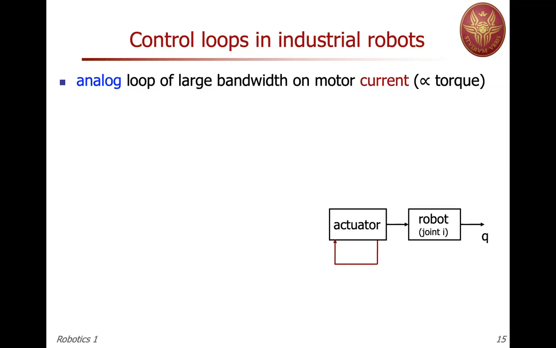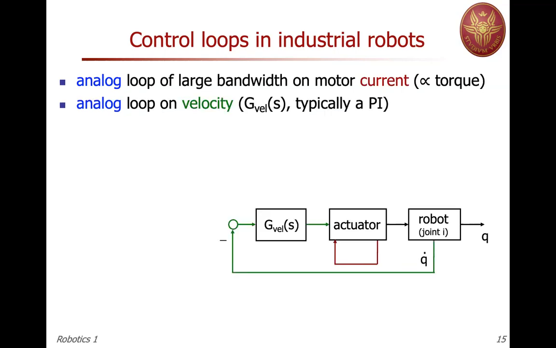And in this way, we are generating torque. With the torque, we move the robot joint. So this is the most inner loop, and it's an analog loop, so we don't have to worry about the sampling time. This is continuous, in a sense. Okay? And of course, depending on the gains that you use in this loop, you may have a very large bandwidth to work with, which is good.